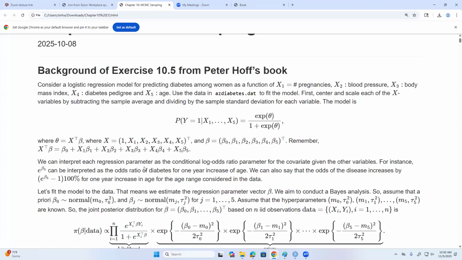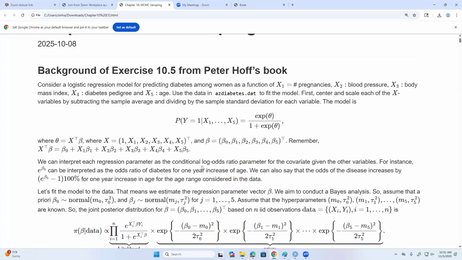Now we can interpret each regression parameter. Why do we take a logistic regression, not some other model? You may take other models, but logistic regression is a very popular one because these regression parameters, betas, have log odds ratio interpretation given the other variables.